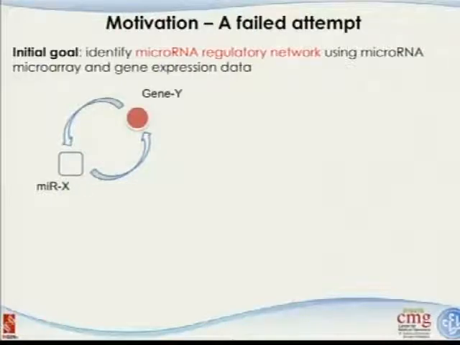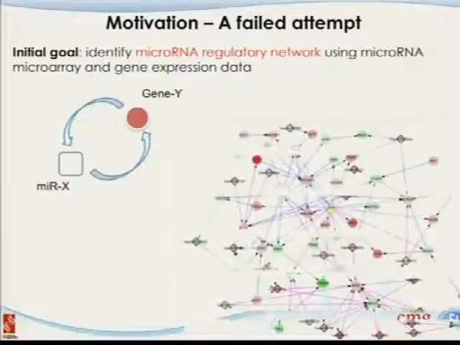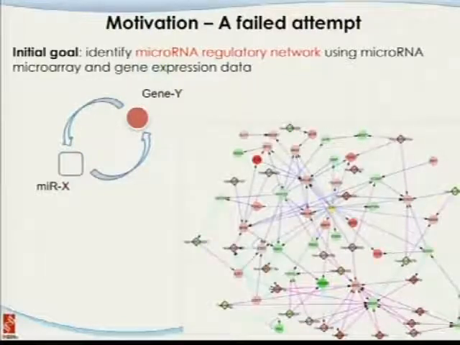So if this happens, we are hoping that we can form this kind of network to bring this information back together. Initially, we had this very interesting data, in collaboration with Harinakashatri's group. We had both gene expression data and microRNA microarray data for the same group of cells. So we thought that we could bridge everything together and make a network like this, with different components interacting with each other, and see how that works, okay?